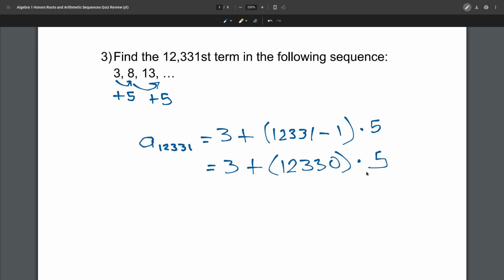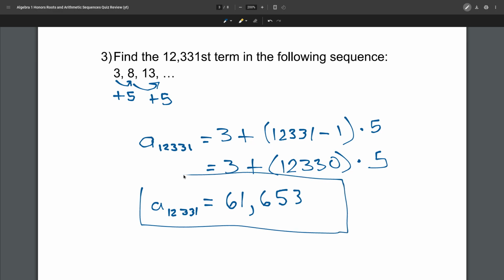So we've got 3 plus 12,330 times 5, and that gives me, for a solution, 61,653. So we can say our 12,331st term equals 61,653. Okay, let's keep going.